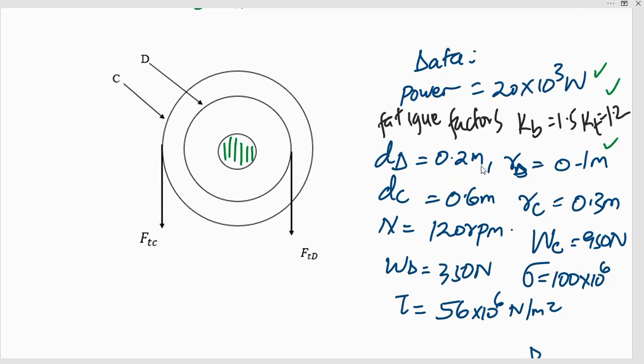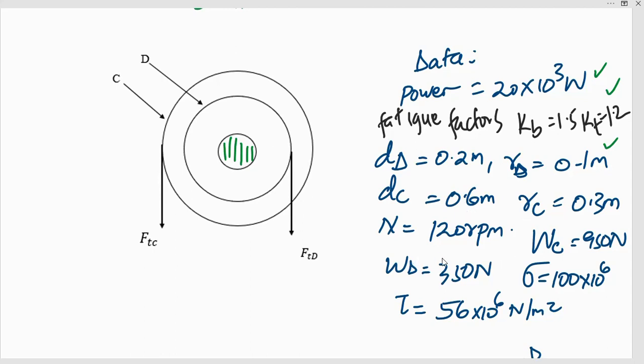We are given that the diameter of gear D is 0.2 meters, and therefore the radius will be 0.1 meters. Then the diameter of gear C is 0.6 or 600 millimeters, and the radius would give you 0.3, of course you divide this by 2.